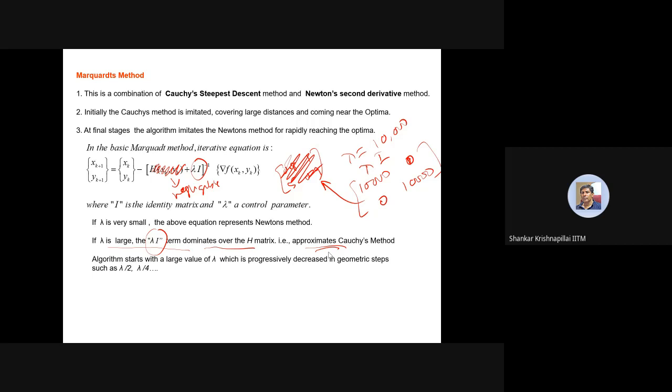So the algorithm starts with a large value of lambda. That is, we want to imitate Cauchy's method first.